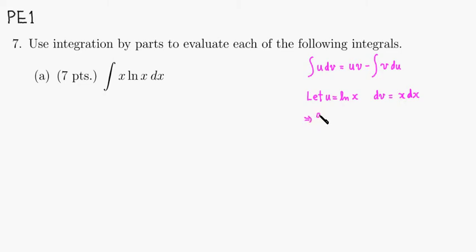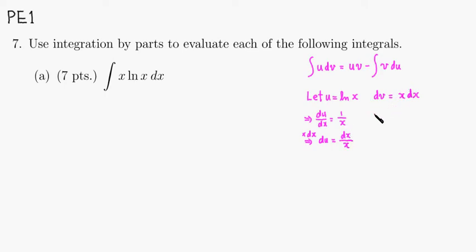We get du over dx is equal to the derivative of natural log of x, which is 1 over x. Since we're looking for du, I'm going to multiply through by dx. So du is equal to dx over x.